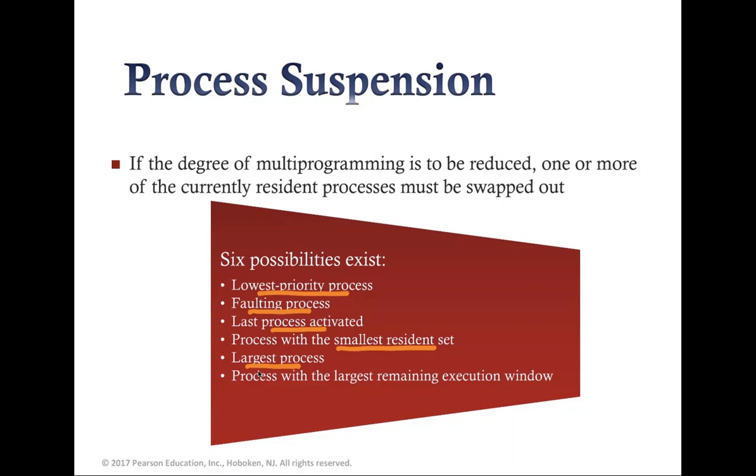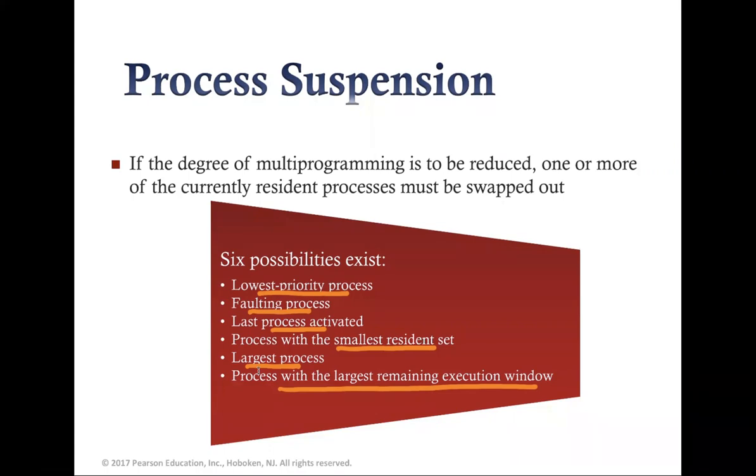Finally, we could also consider the process with the largest remaining execution window. In most process scheduling schemes, a process may only run for a certain quantum of time before being interrupted and placed at the end of the ready queue.